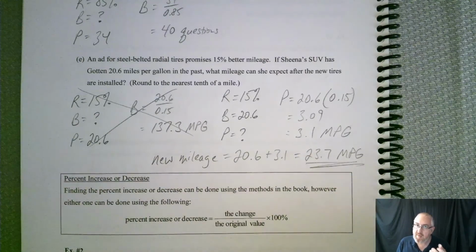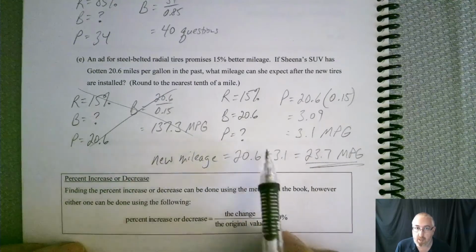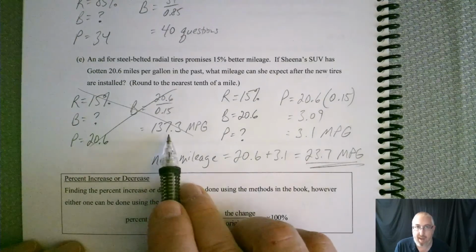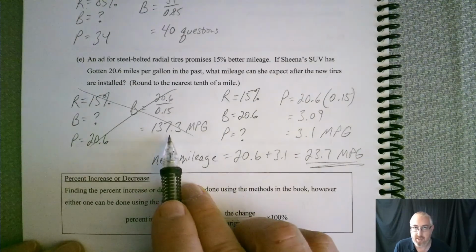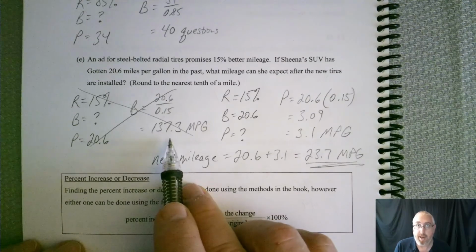So some of these have an extra little layer in there where you might have to combine stuff together to get your final answer. So just be careful of those ones. But again, you can always double check. One's going to really not make a lot of sense, and this is the one. You can't have that high of a mileage on your tires. There's just no way, at least not in our current technology.